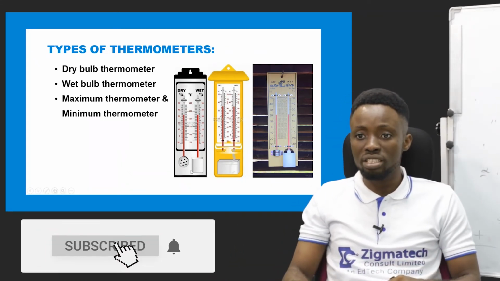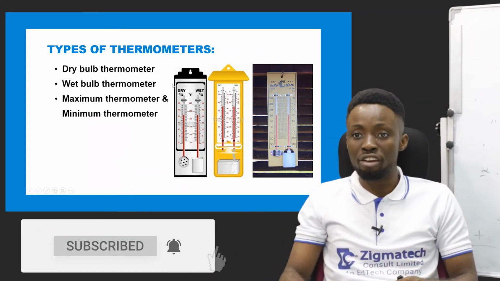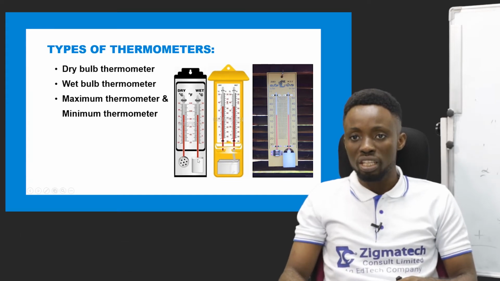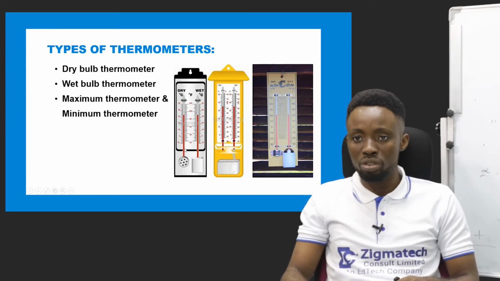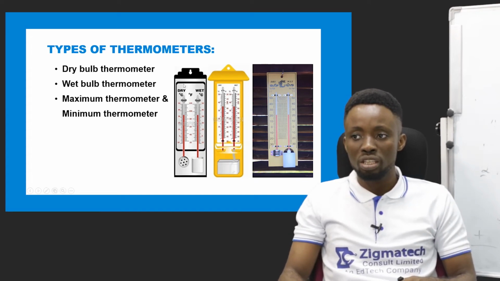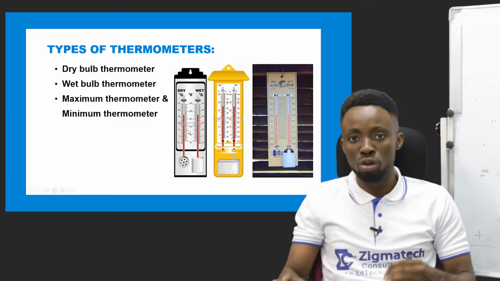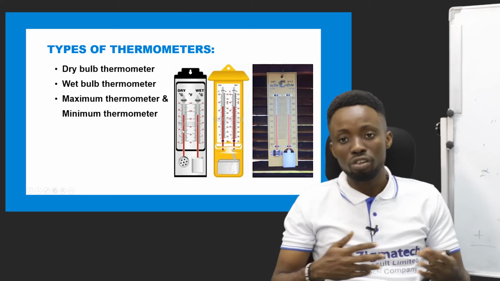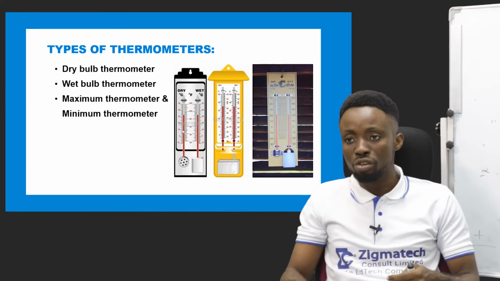As you can see, this is a typical example of a hygrometer, and the hygrometer is made up of what? Two different what? Thermometers, which is the dry bulb thermometer and the what? And the wet bulb what? Thermometer. So with this combined together and other features, they can what? Construct what we call what? A hygrometer that can be used for measuring the humidity of a place.